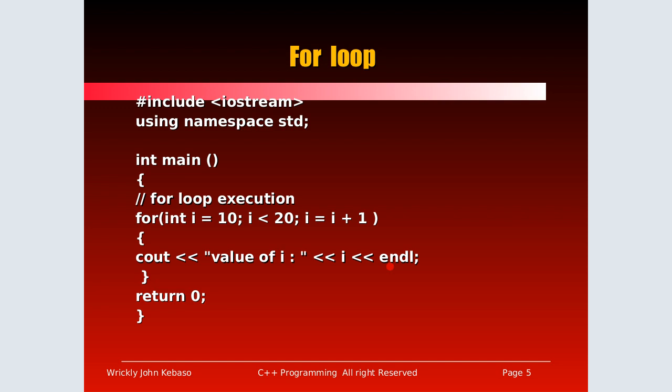The same case applies here, whereby after displaying 10, take the cursor downwards so that 11 will be displayed. So endl is used to move the cursor down one line after displaying. It is an escape sequence for moving the cursor downwards when displaying output.